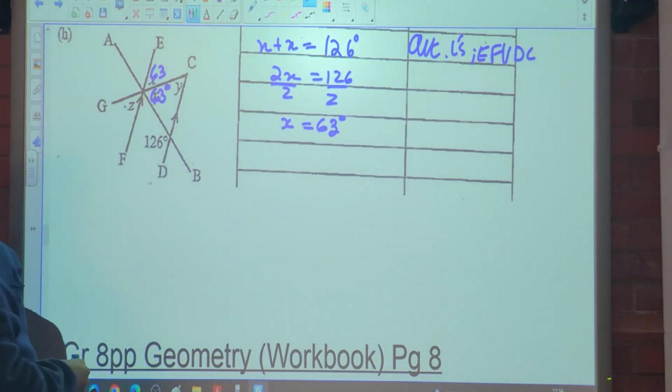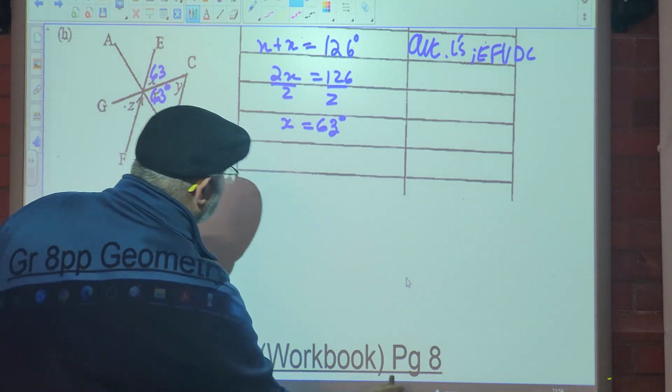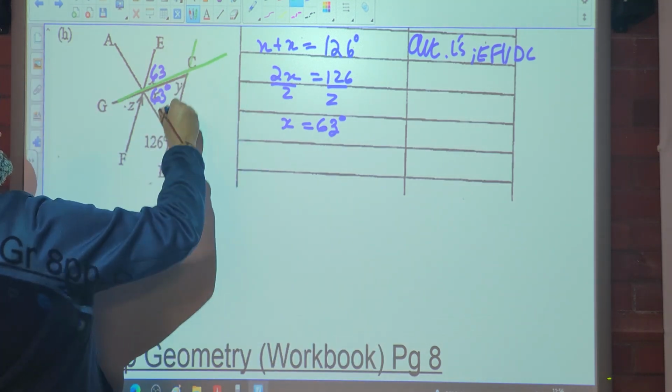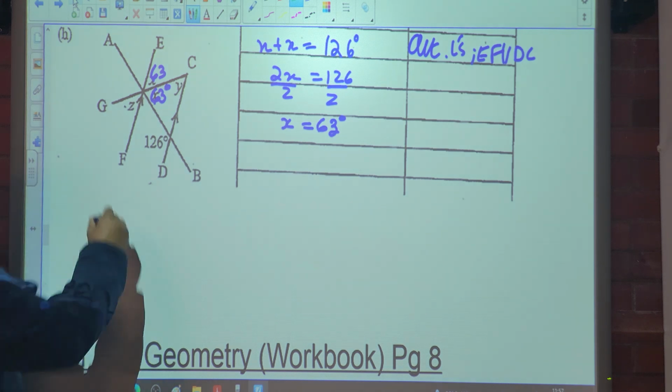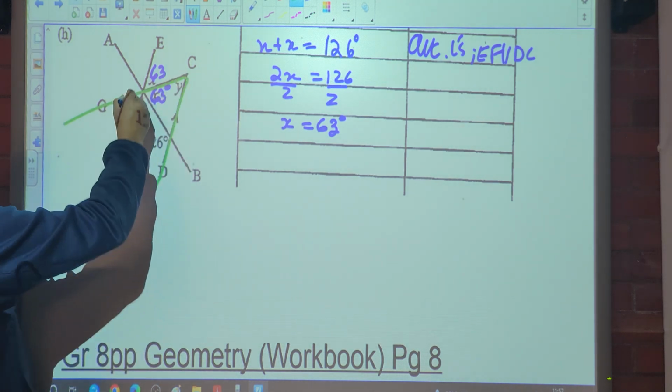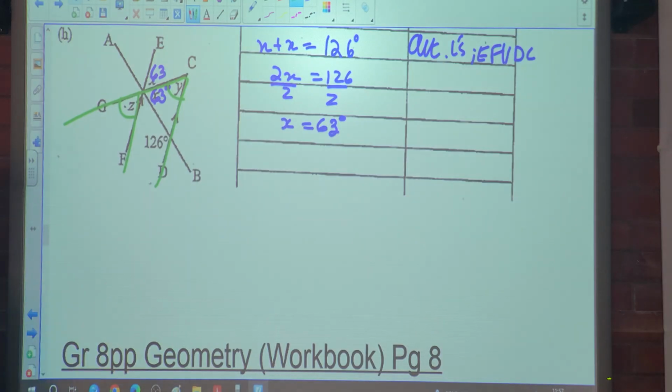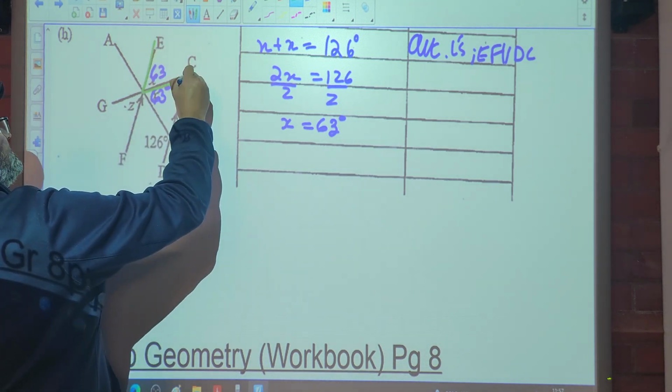Ready to calculate Y? Vertically opposite to what, Michael? That is vertically opposite. Corresponding, if Y is corresponding with Z. Alternate angles, people.